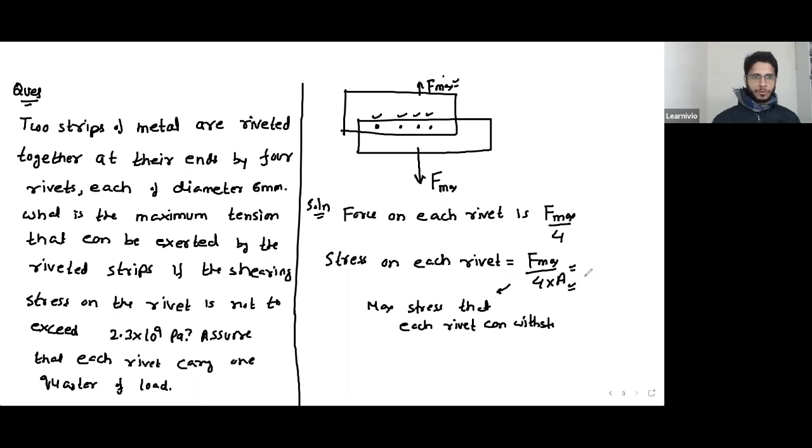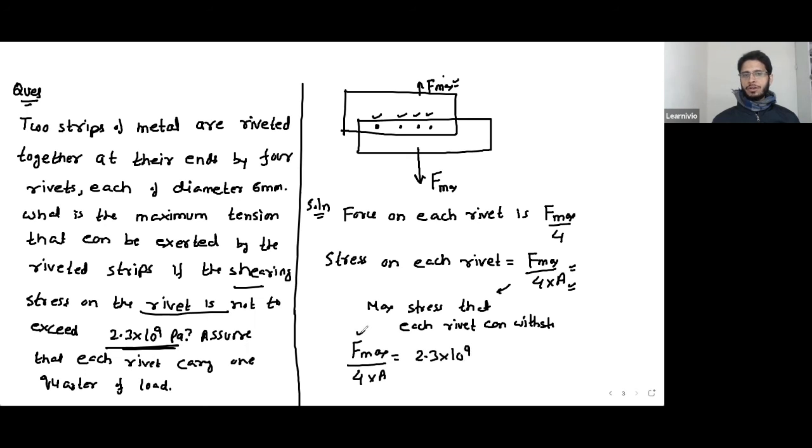Yes, sir, it's clear. Okay. And the maximum value of that stress is given, which is 2.3 into 10 raised power 9 pascals. So I can say that F max divided by 4 times area is 2.3 into 10 raised to the power 9.